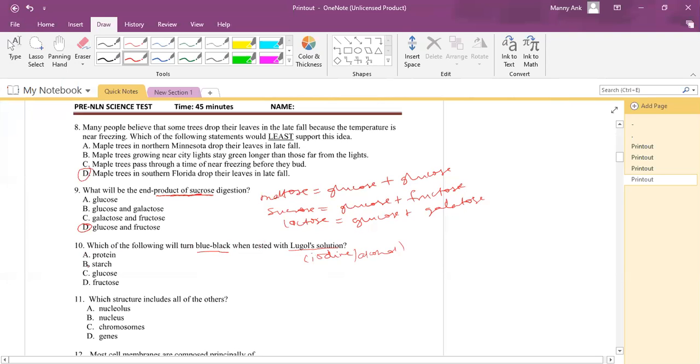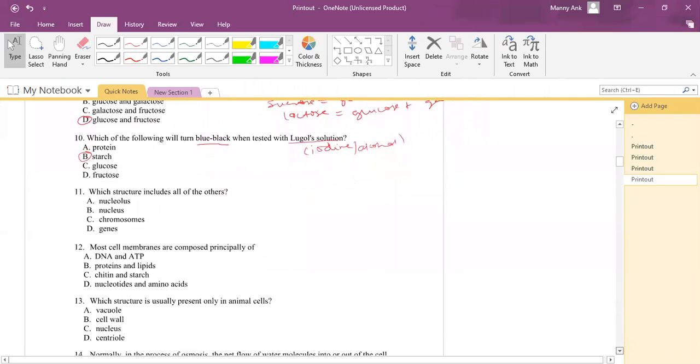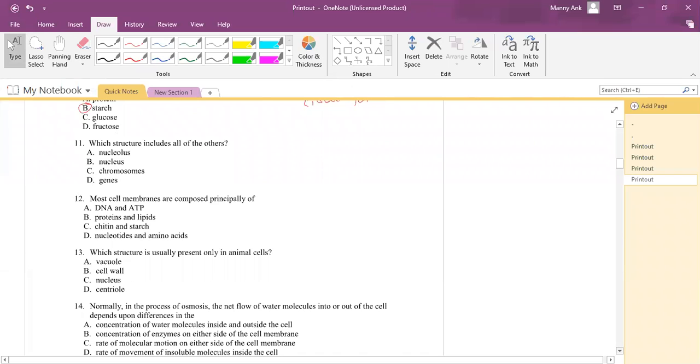Starch with iodine turns blue-black, so starch. And number 11: which structure includes all the others? Nucleolus, chromosomes, genes, you can find all of these in the nucleus. So it's the nucleus.